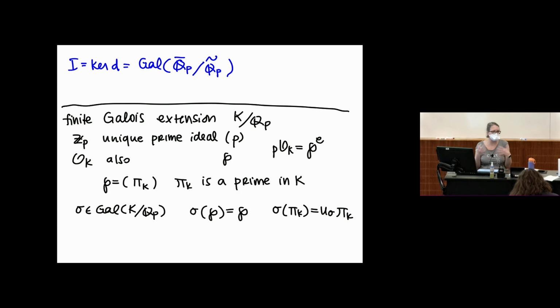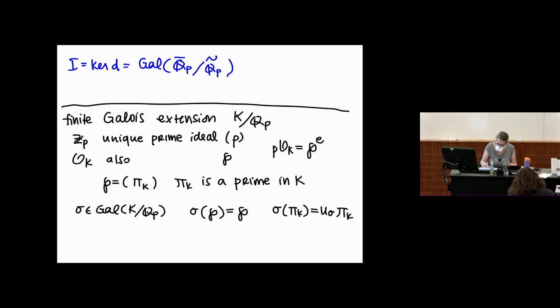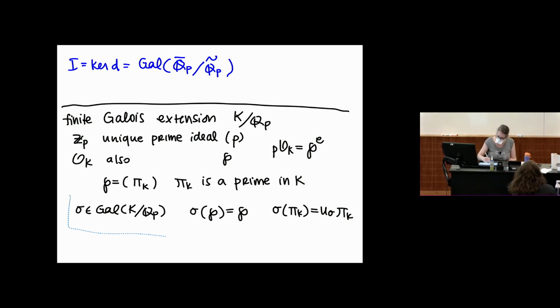It's not going to go anywhere wild. It's just going to multiply that prime by some unit, if anything, right? That unit could be 1. Let's take this with us.